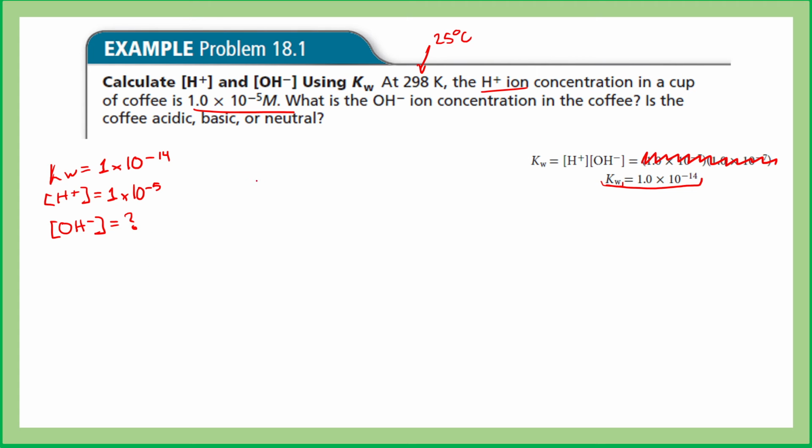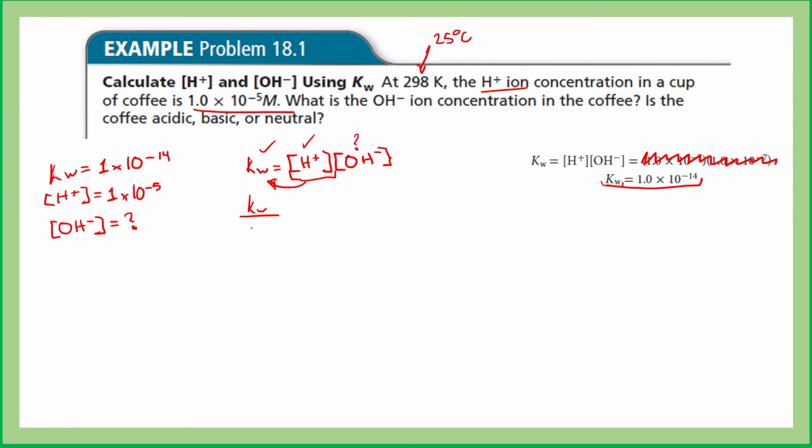We have the formula that says that the water constant equals the hydrogen ion concentration multiplied by the hydroxide ion concentration. Can we calculate this if we have this and this? Yes, it's a simple multiplication, so it will go to the other side as, what type of operation? Yes, as a division.